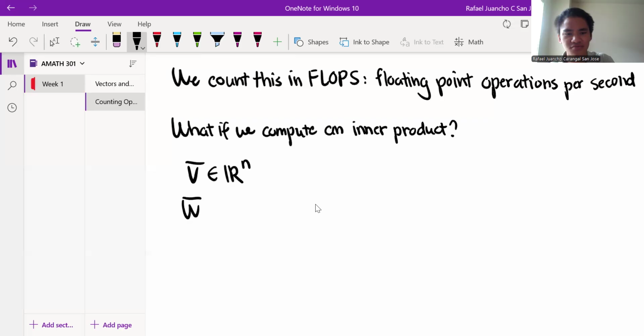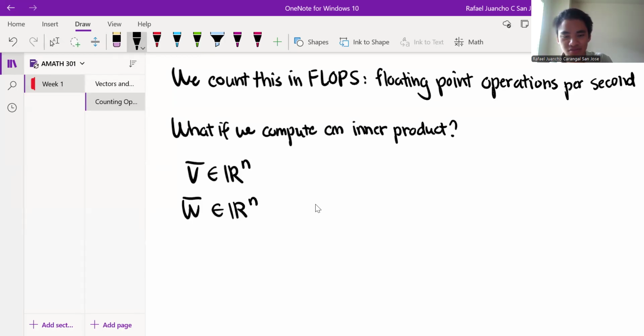We have w, which is also a vector, and it also has n dimensions. So they're similar in terms of number of rows. Basically, we compute their inner product or their dot product.